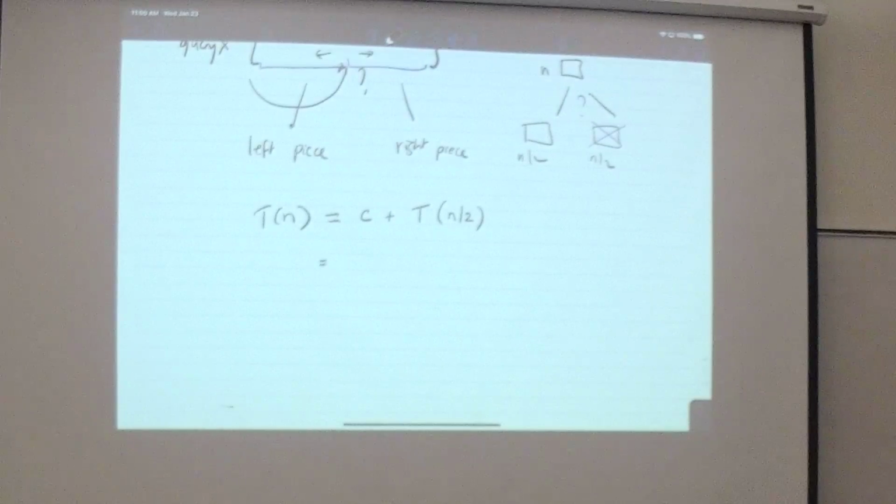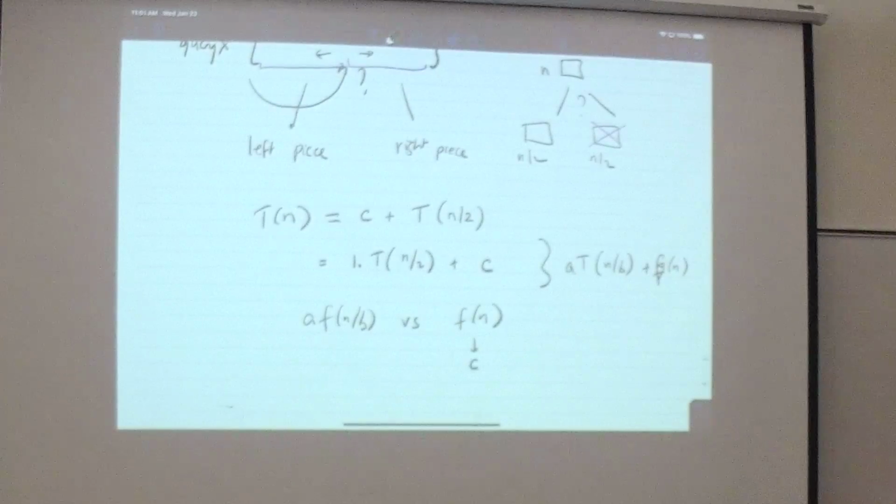So if you write this in the form 1 times T(n/2) plus c, this can now pattern match with my a times T(n/b) plus g(n). And then we know that the relevant things we have to compare are, let's just see, g(n) is a constant, so we're really comparing a times f(n/b) versus f(n).